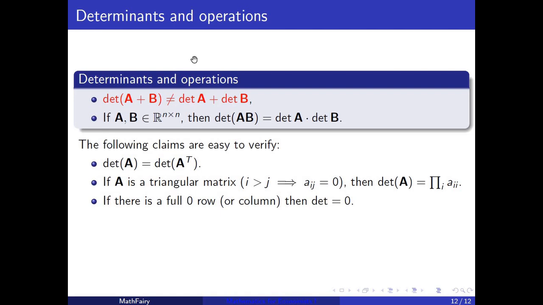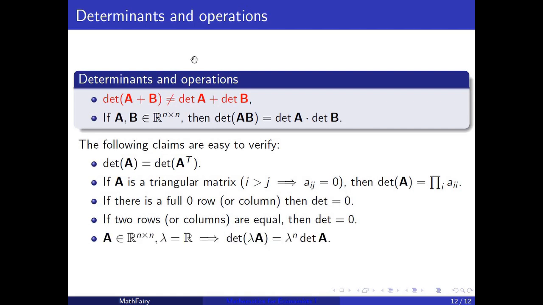Next, if we have a full 0 row or column, then we can show that the determinant is in fact 0. If two rows or two columns are equal to each other, then we can show that the determinant is 0. And finally, if we take an n by n square matrix and multiply the whole matrix by lambda, then it will multiply the determinant by lambda to the nth power.